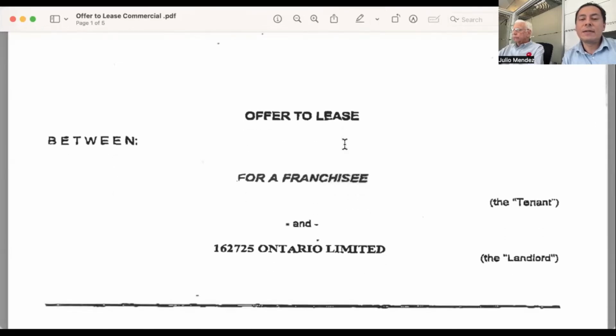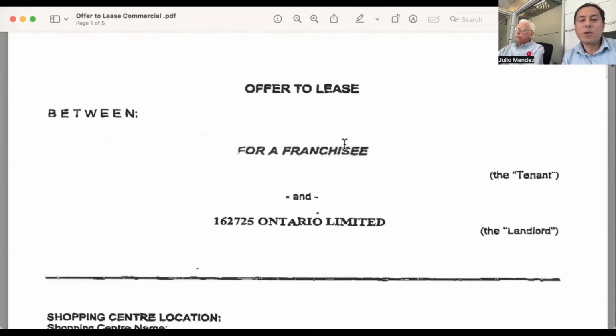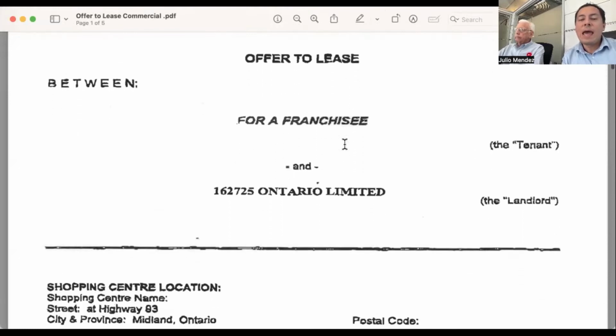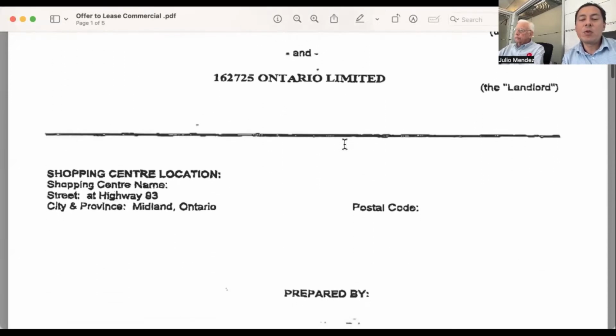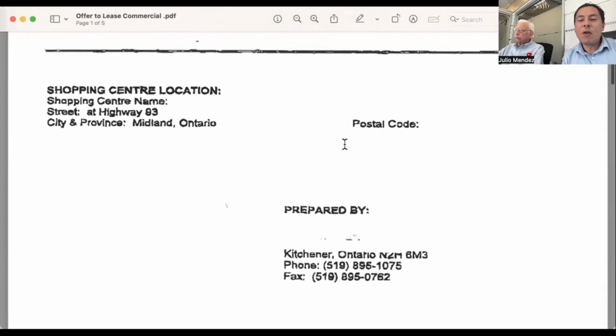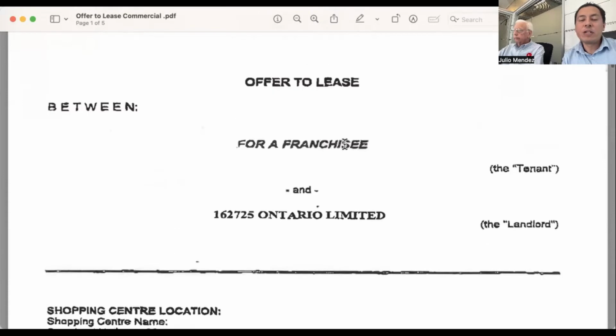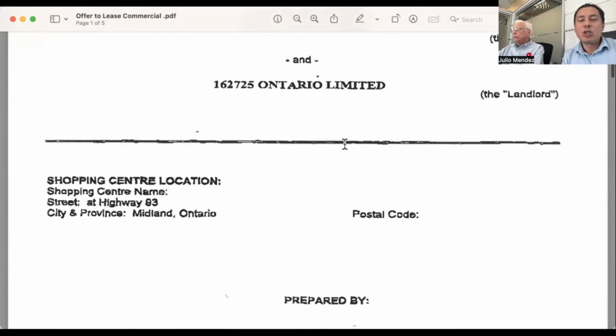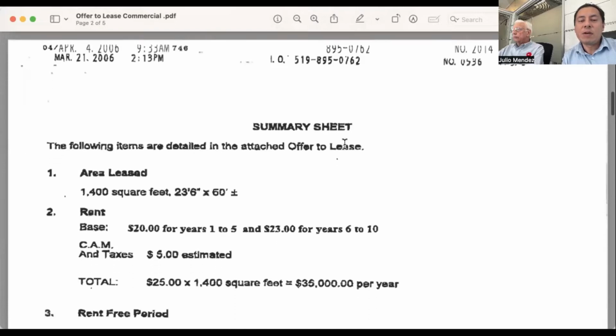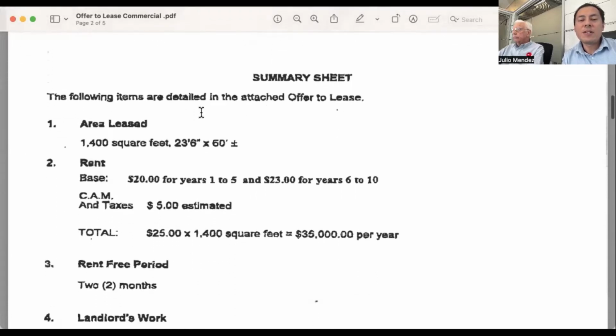I deleted the franchise name, hopefully you won't be able to see who that was, but we're just trying to give you an idea of what we're talking about. So this is an offer to lease from the franchisee to Jim's company in 2006. So here is what those guys actually sent. Somebody prepared an offer to lease that was sent to Jim Storino, and this is what they put.